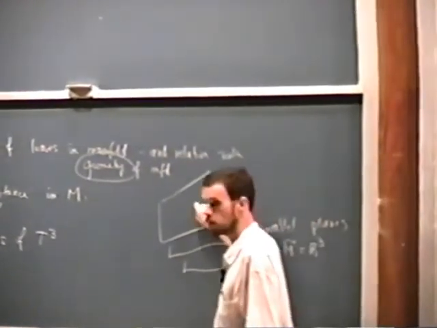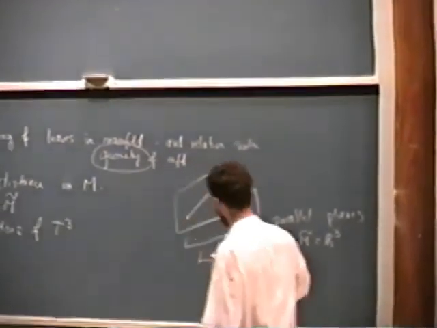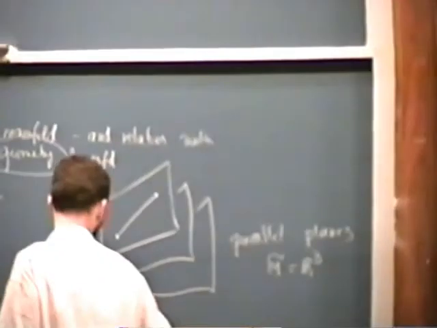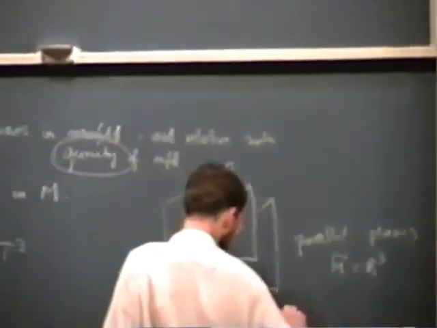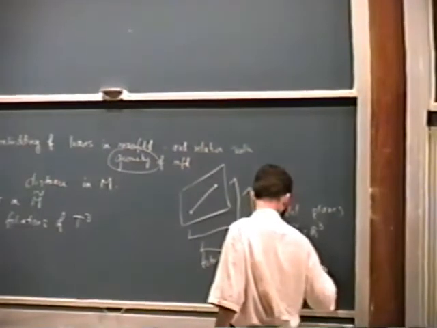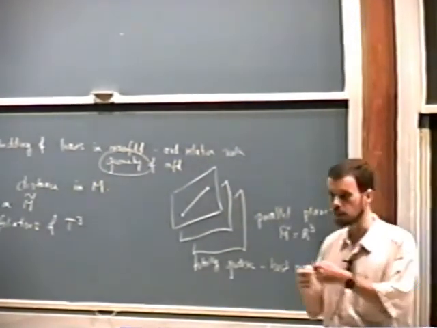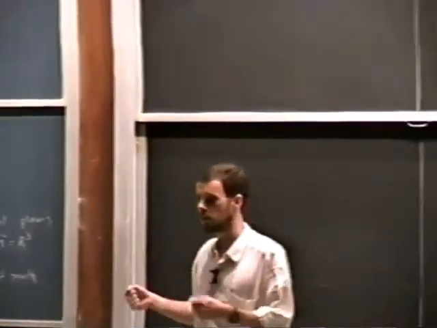So these are totally geodesic. The distance that I see here in the leaf is exactly the distance in the manifold. So this is the best possible, where the foliation is exactly reflecting the geometry of the manifold.